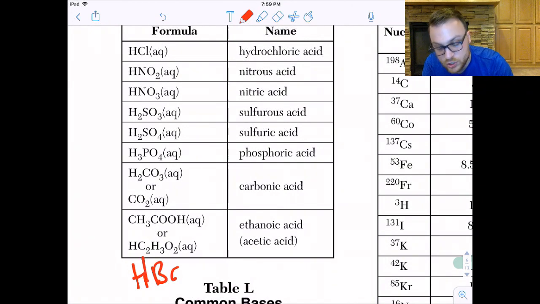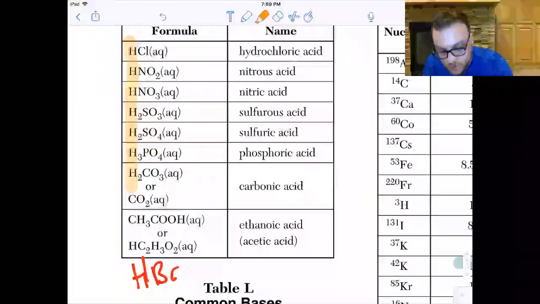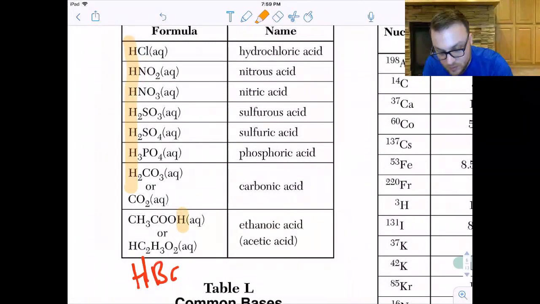But the general formula is the same. There's an H, with some negatively charged ion, whether it be from table E or from the periodic table. That's the general formula for an acid.